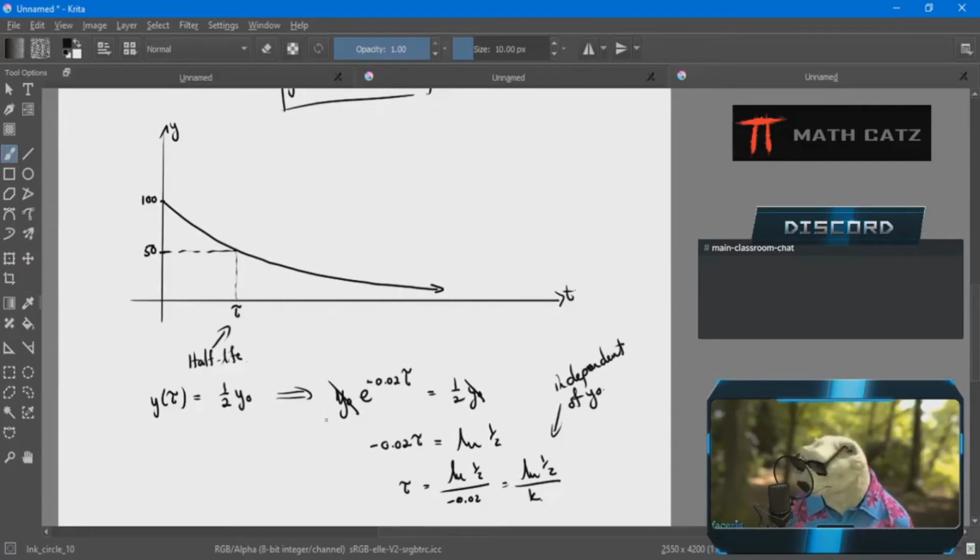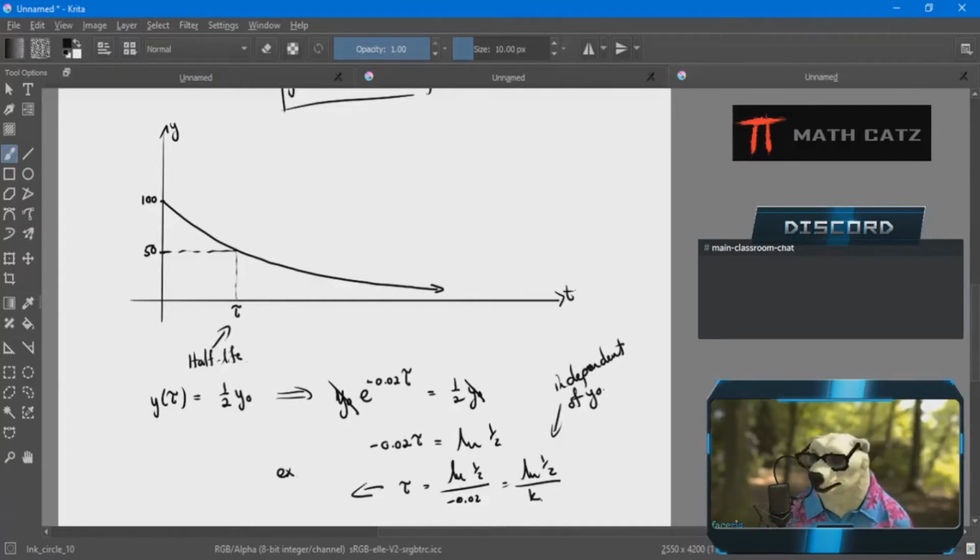Now in our example, we could calculate that as log of 1/2 over negative 0.02. Let's just do that to get a number.